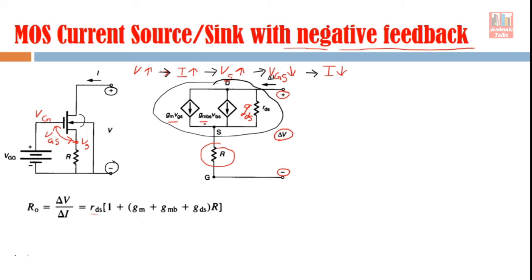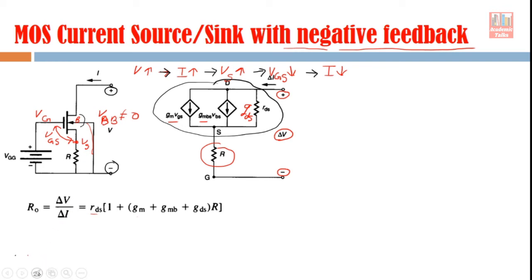Why we are not ignoring GMB? Because you see here this bulk terminal, bulk terminal is connected to ground. So that way your VBS in this case is not 0.